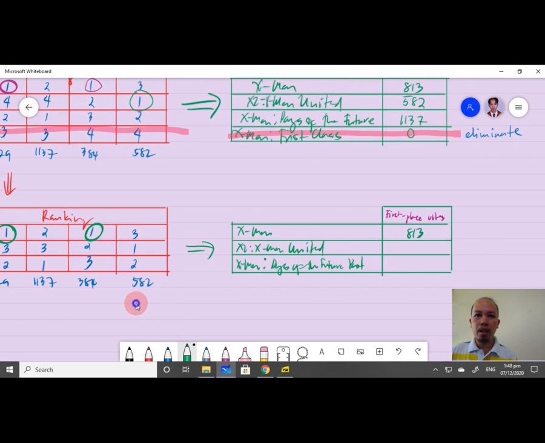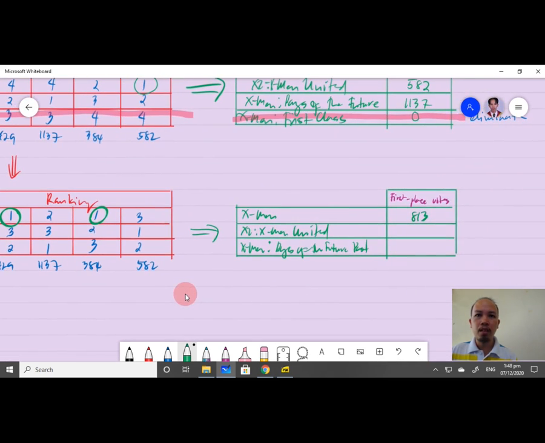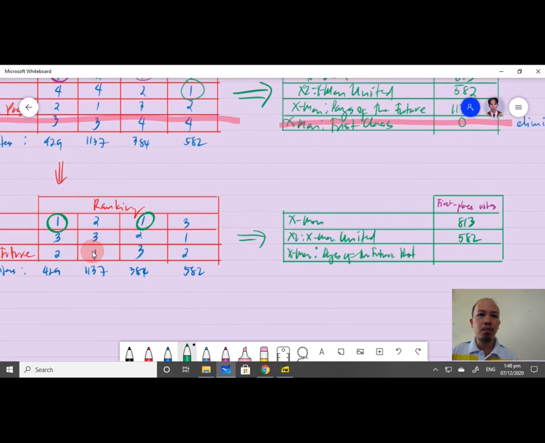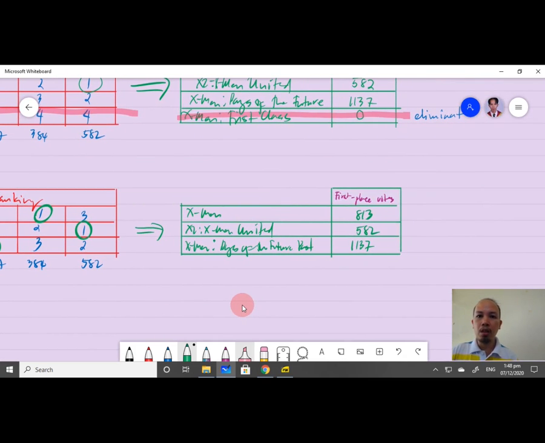For X2 X-Men United, we have 582. And then for X-Men Days of the Future, we have 1137. So we are going to eliminate X2 X-Men United.